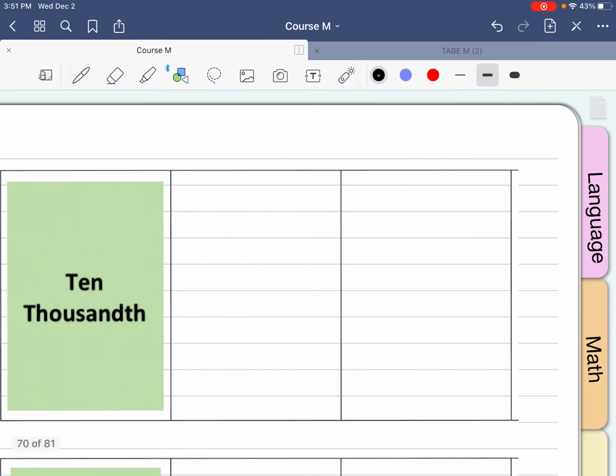Then we have the 10,000th place. Standard. It's not 10,000, it's 10,000th. 10th, 100th, 1,000th, 10,000th. Let's go ahead and try scientific.